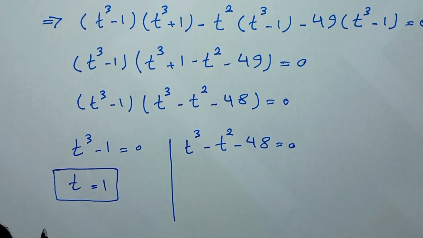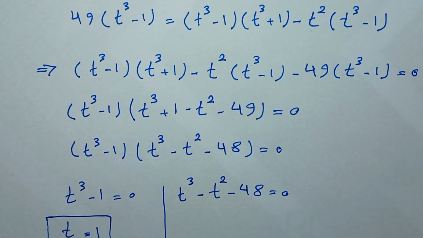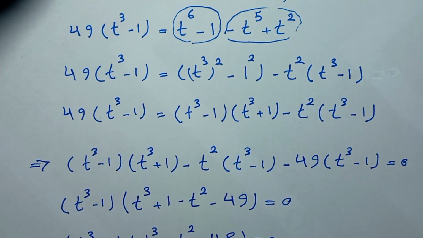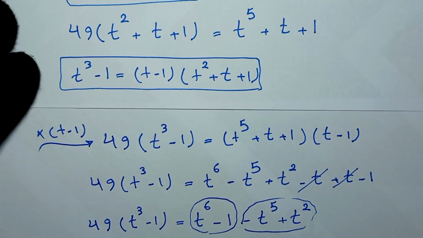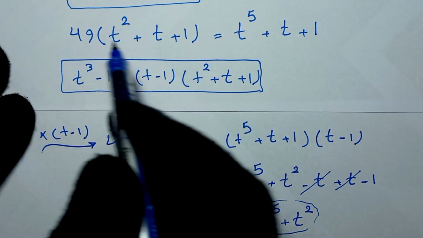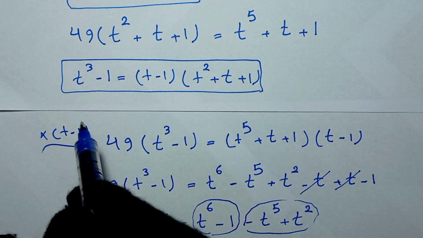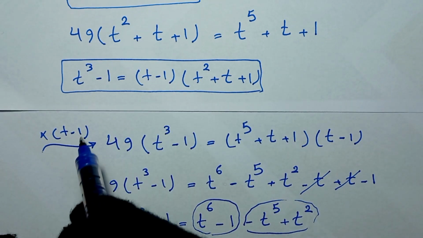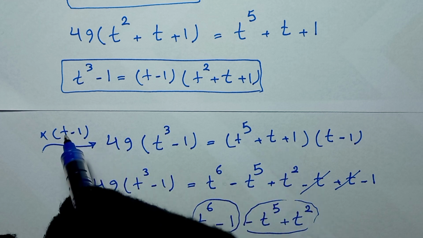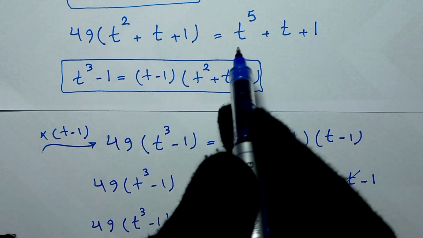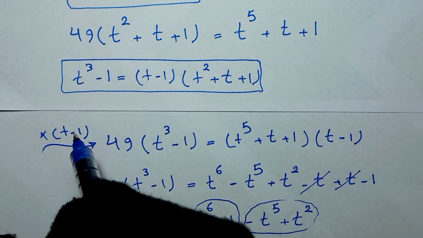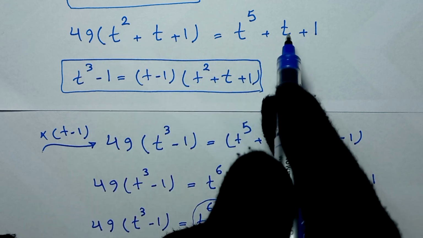From here, be careful. From this equation, we multiplied both sides of this equation by t minus 1, right? So we added t is equal to 1 to this equation's answer. Originally we didn't have t minus 1, and we multiplied both sides by t minus 1.